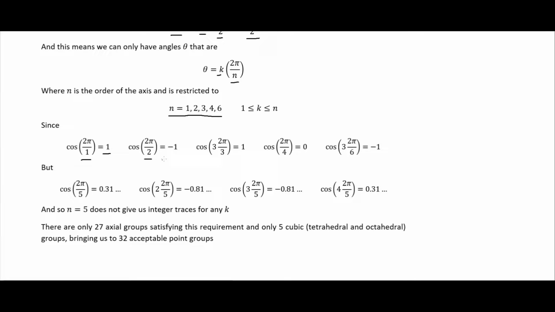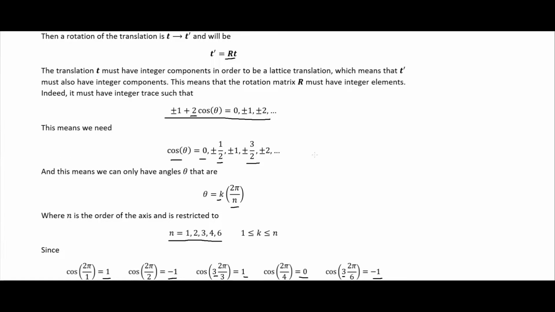If we have n equals 2, this equals negative 1. If we have n equals 3 and k equals 3, then this equals 1. If we have n equals 4, it equals 0. And if we have n equals 6 and k equals 3, then we have minus 1. So for 1, 2, 3, 4, and 6, we get these integers for the cosine, which is what we said we needed up here.